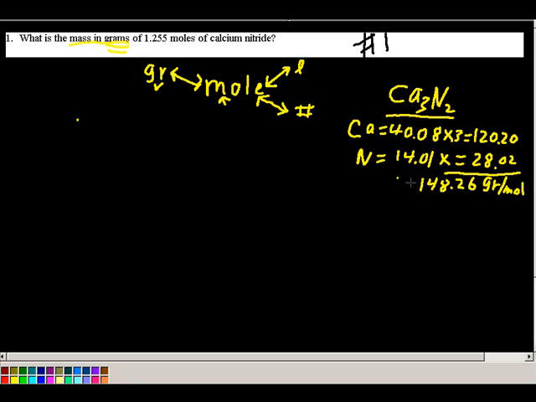Now to set this up, what we're going to do is dimensional analysis. So again, quick reminder, whenever you see grams in the problem, you have to calculate the molar mass. And you want to use this method as a format. When you do dimensional analysis, the first thing you do is take whatever number they give you and write it down.